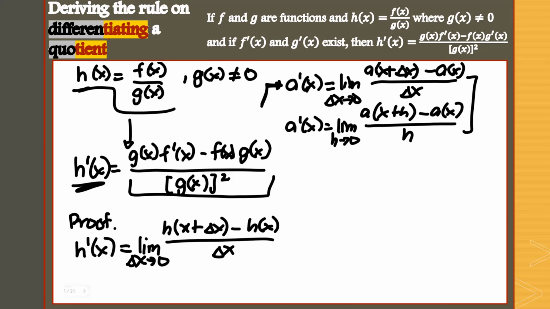So let's represent them using this given idea here. For h of x, it's the ratio of f of x and g of x, as given.